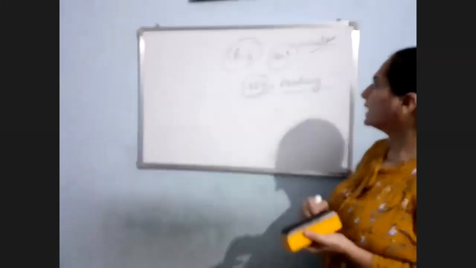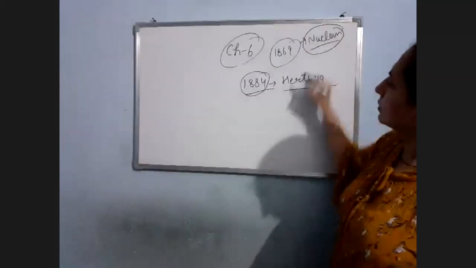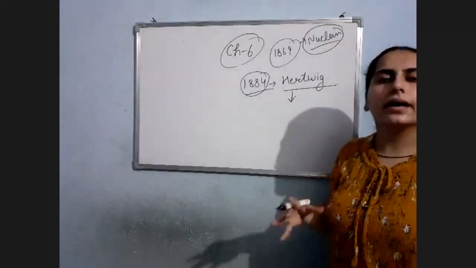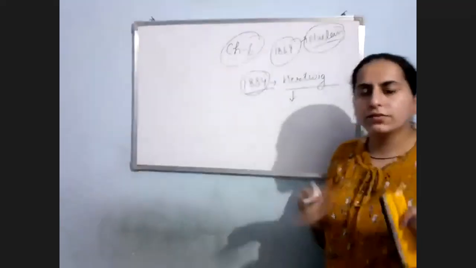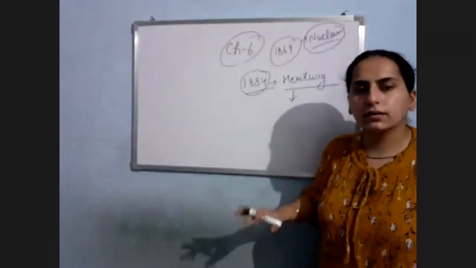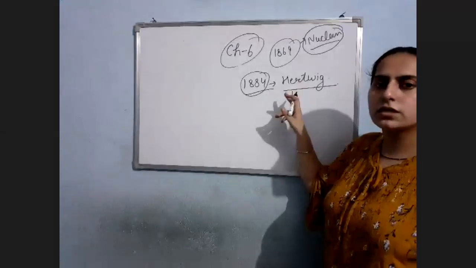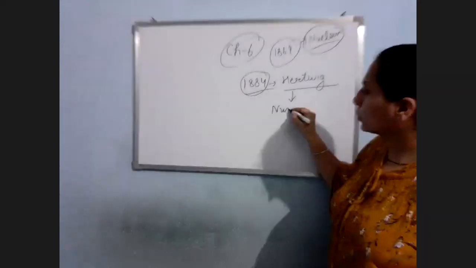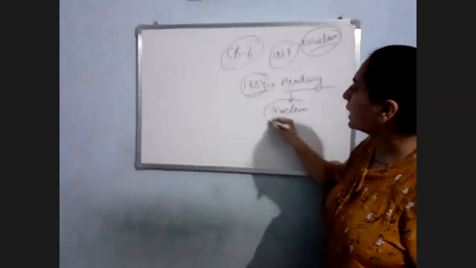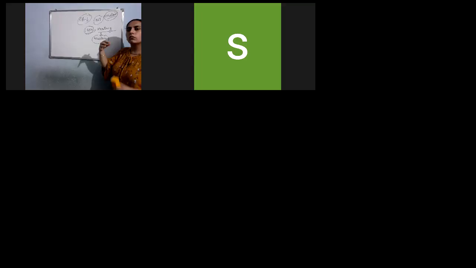Now, what he did, he said that this nuclein is being inherited from the parents to the offspring. Frederick Miescher only isolated nuclein, that's it. In 1884, Hartwig said that this nuclein is being inherited from one generation to another generation.